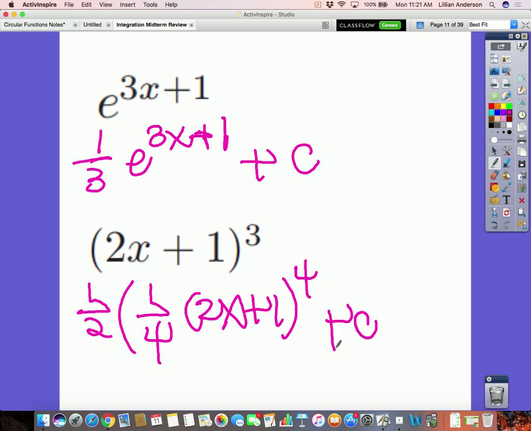Some of y'all forget your plus c. Don't forget your plus c. So when you multiply this, it's actually 1/8. Some of y'all have 1/12, so be careful. Sorry, I was trying to correct the people who were at 12, and that should be 1/8.